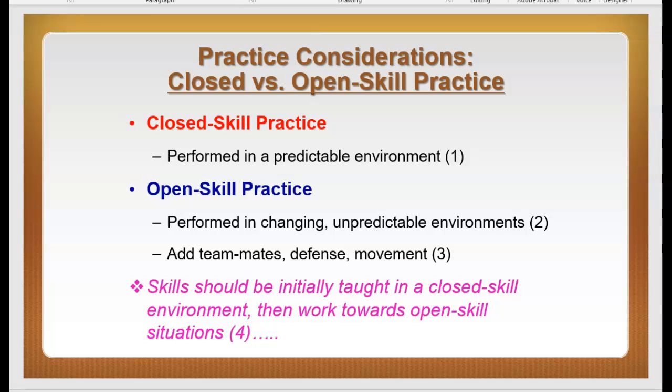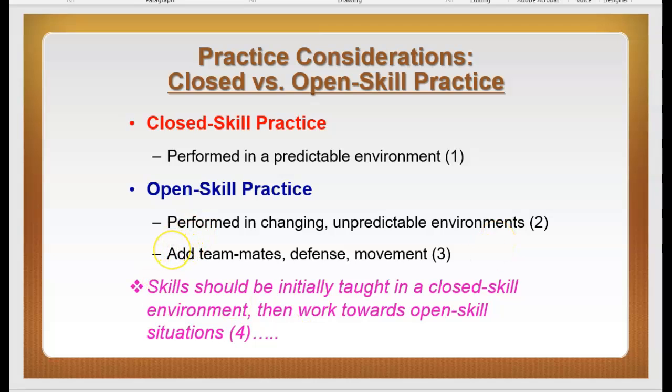You might add in now that a coach tosses the ball to you to hit it instead of hitting it off of a tee. Right? If you're teaching somebody how to catch a fly ball, in a closed skill practice, the coach will toss the fly ball to where they're standing. In an open skill practice, the coach will toss a fly ball where the students have to now run and get under it and then use the correct form to catch a fly ball.